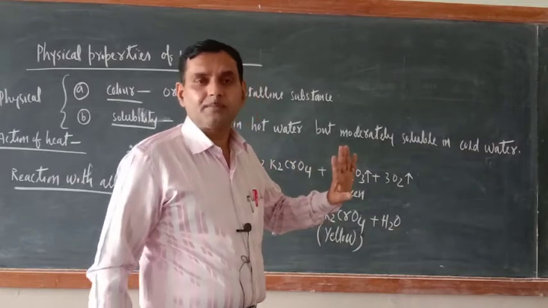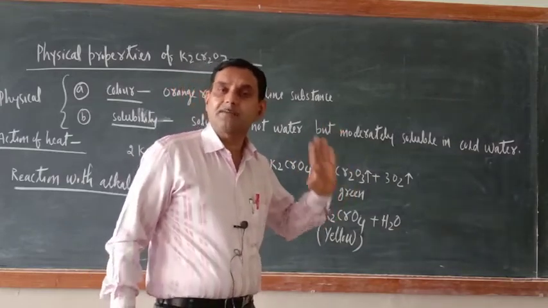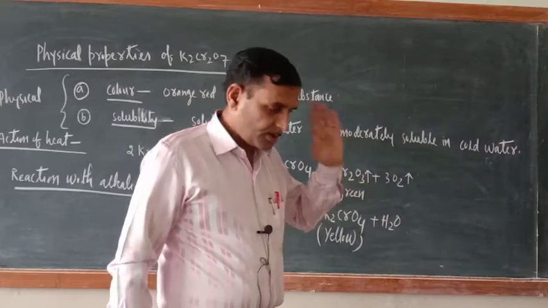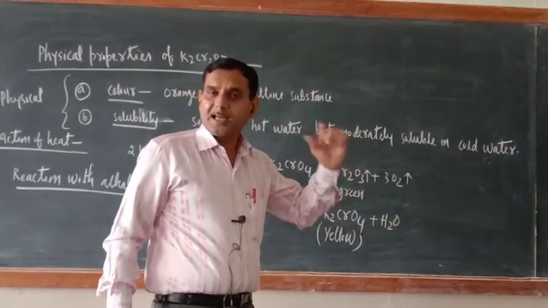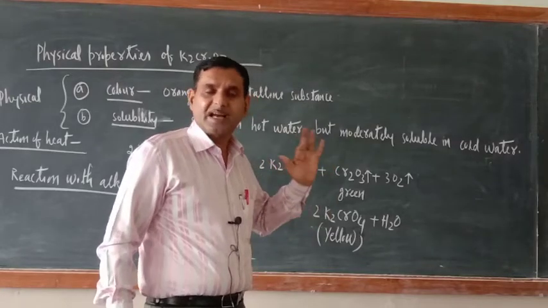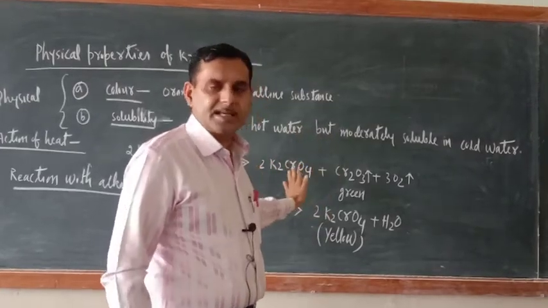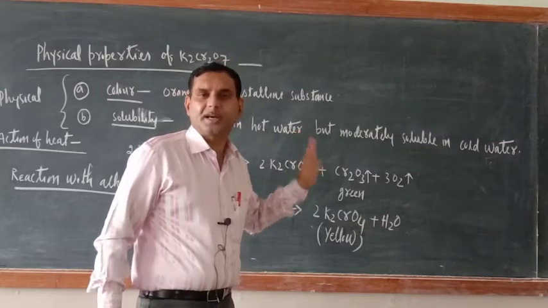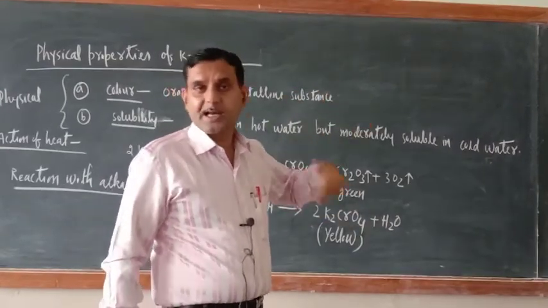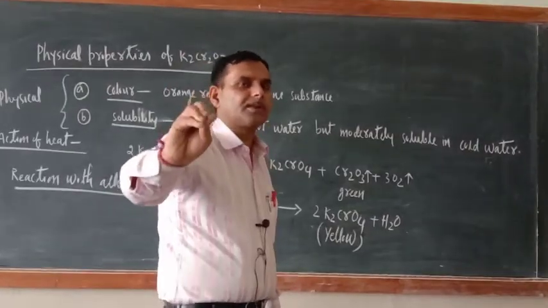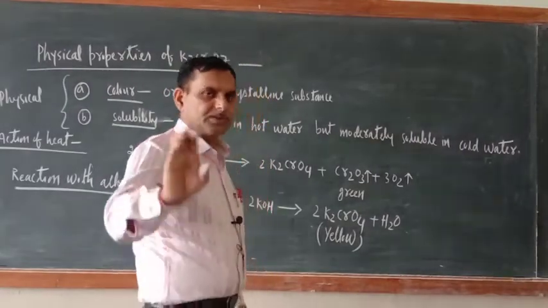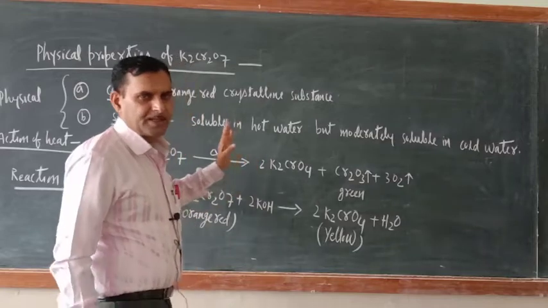I have seen some other books also; they have explained on the basis of Fajan rule. As far as acidic and basic character is concerned, yesterday's explanation is fully correct. But for covalent and ionic character, especially covalent character, you can apply the rule of Fajan. That is also one of the ways to explain things.